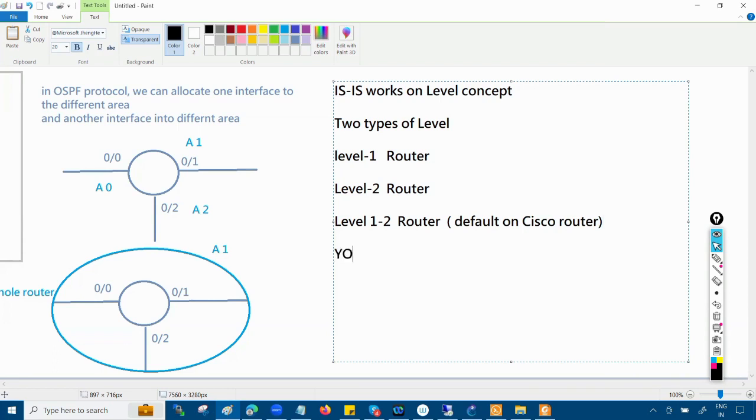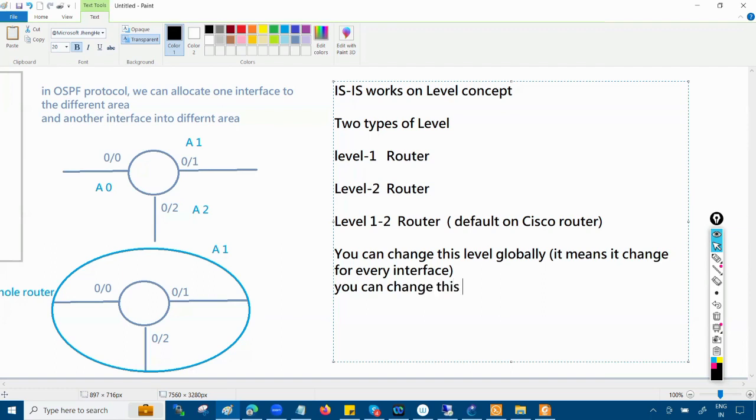You can change this label globally. It means it changes for every interface. You can change this label at the interface level as well.